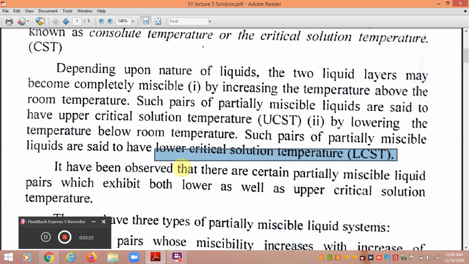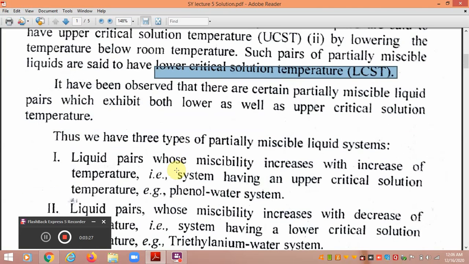This is very important. There are also systems with liquid pairs which become completely miscible by either decreasing or increasing the temperature, and these systems have both upper as well as lower critical solution temperatures.